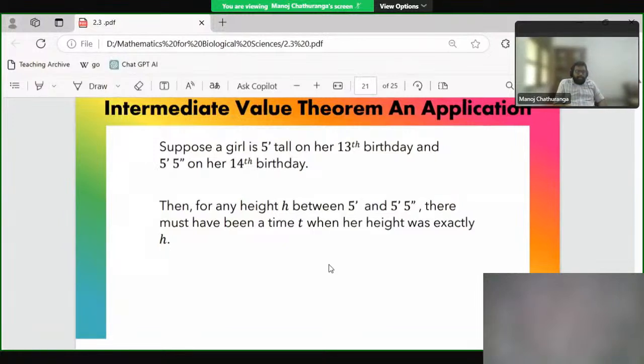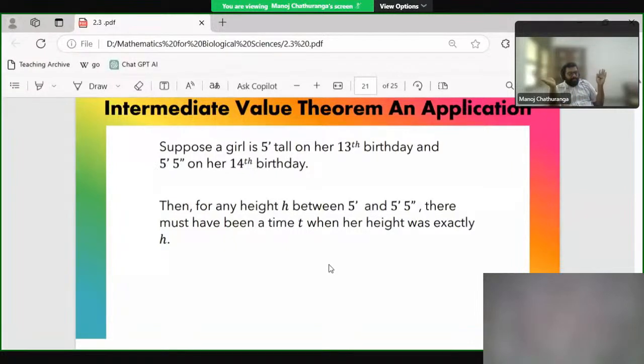So for any height between 5 and 5.5, there must have been a time t when her height was exactly h. Take any number between those two. We don't know about the other numbers. We cannot say there is a day on which her height is 6 feet. Maybe her maximum height is 5.5. I don't know. So we know for every number between 5 and 5.5, there should have been a day.